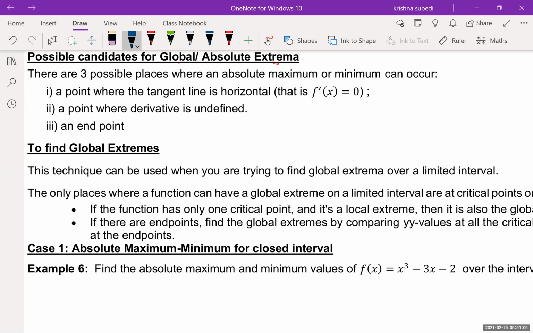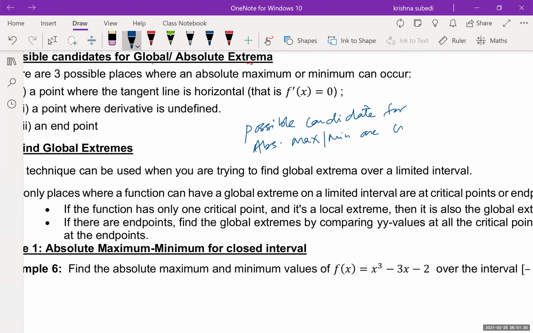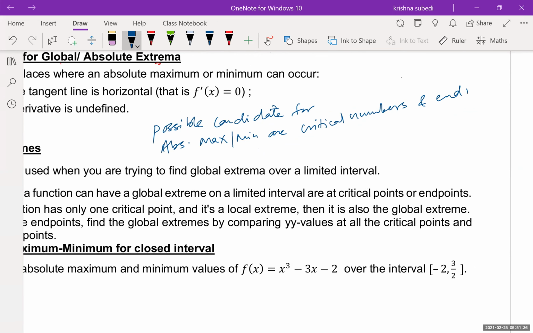Now, a couple of things. In order to find the global minimum and maximum, the possible candidates for absolute maximum and minimum are, as we can see, critical numbers and endpoints.